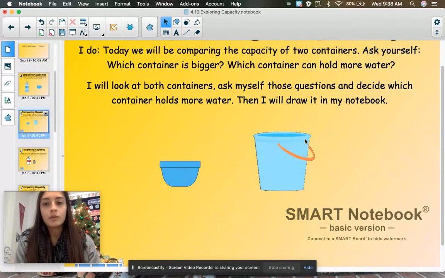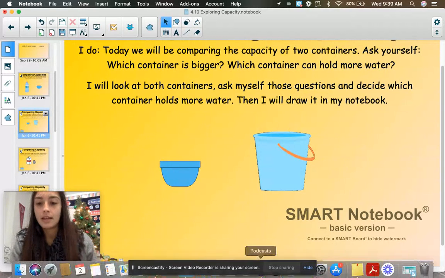Now I need to ask myself, which container can hold more water? Well, if this one is bigger, that means it's going to hold more water. It has more space inside of it to fit more water in than the bowl does. So I think the container that can hold more water would be the big sand bucket. So that's what I would draw in my notebook.